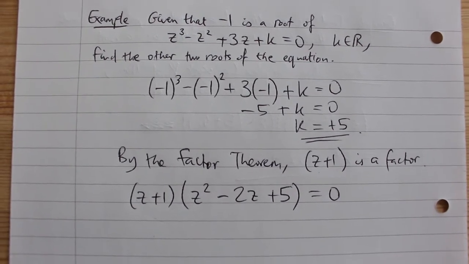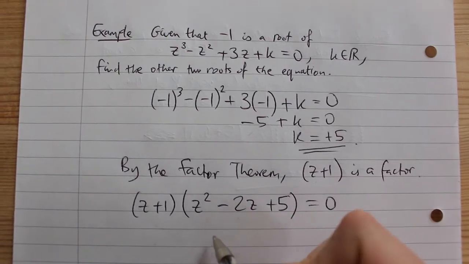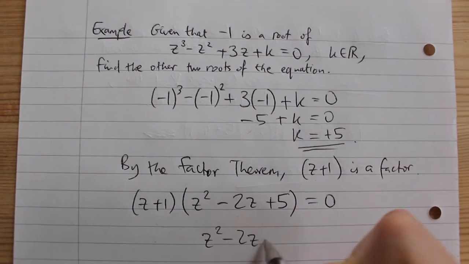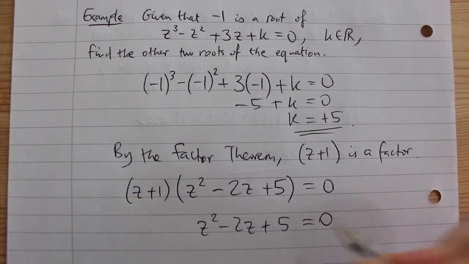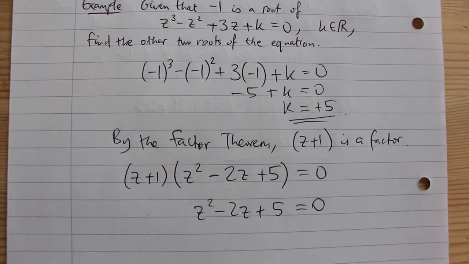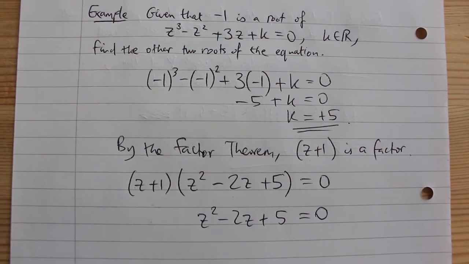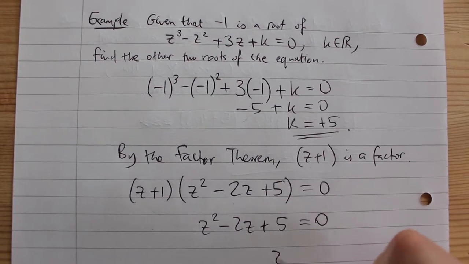So therefore the other 2 roots are going to be the roots of this bracket equal to 0: z squared minus 2z plus 5 equals 0. So we need to solve this. Either we could use the formula or complete the square. Let's do it this time using the formula.